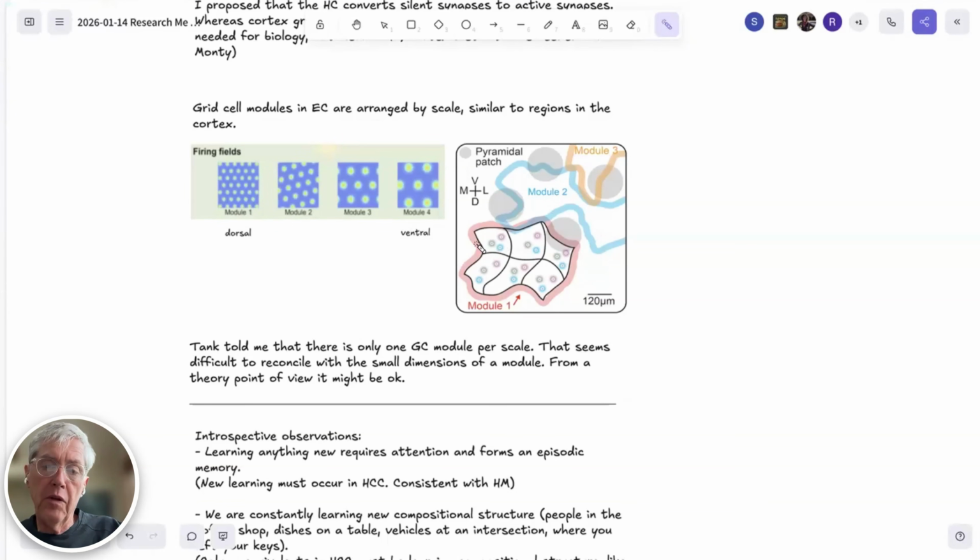This is the picture we've looked at many times. It's one of my favorite images on the right here, showing from experimental data what one of these grid cell modules looks like. This pink outline is one, the blue outline's another, and another. I spoke to the scientist who did this, Tank, and he confirmed that these are different scales.